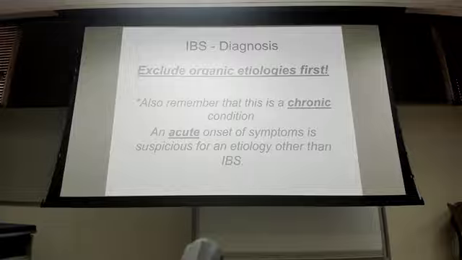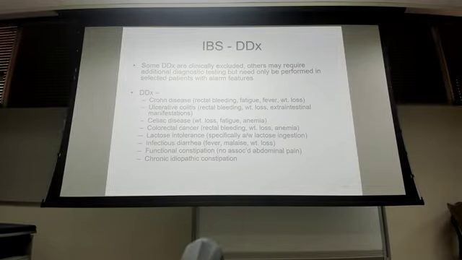I mean, there's meds we can get, but it's usually going to be chronic waxing and waning. Because if symptoms appear suddenly and acutely, you've got to look at something else. It's not IBS. So very important to remember it's chronic and it's not these acute flash-to-bang symptoms. Think something else.